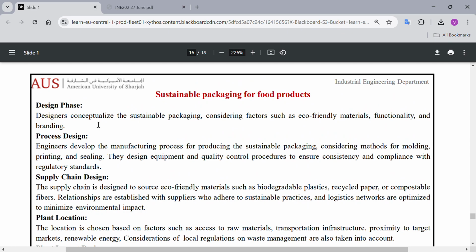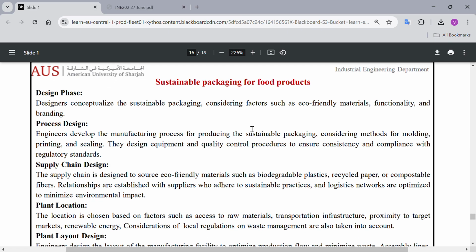So the first phase is going to be the design phase. Designers will conceptualize the sustainable packaging. They will consider factors such as eco-friendly materials, functionality, and branding. So these are all conceptualized in the packaging.